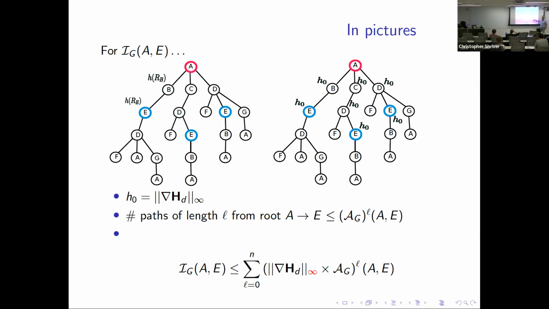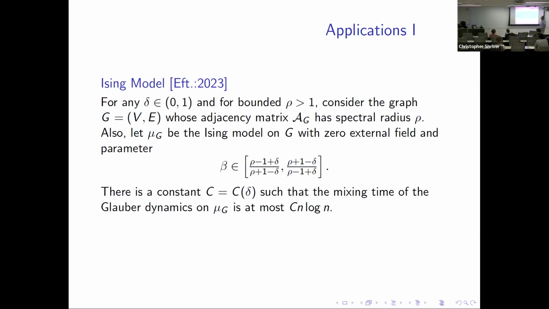It's some elementary thing. If you plug these things in, you get exactly what we had before. Almost elementary. Just by this essential observation, you can get this rapid mixing result for the Ising model.